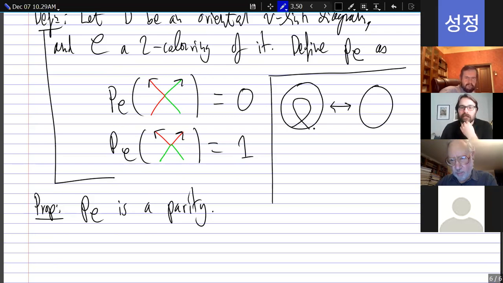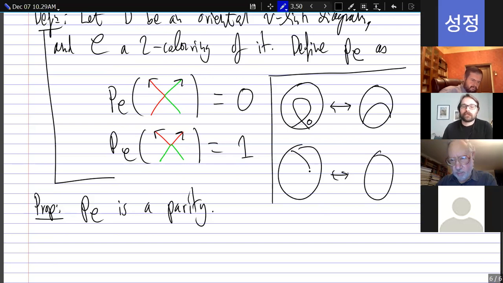But perhaps I'll just say that if I see a Reidemeister 1 move like this, this has to be even. If I see a Reidemeister 2, then they both have to get the same parity. I can't have one odd and one even.